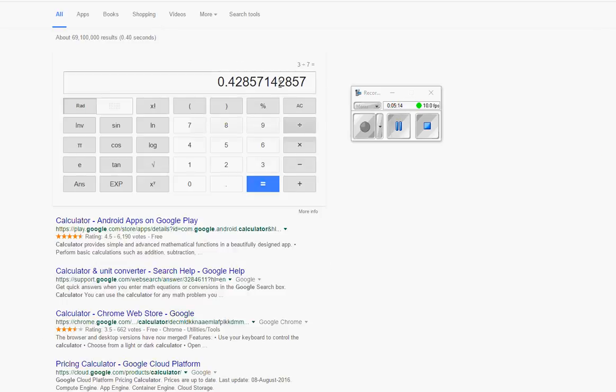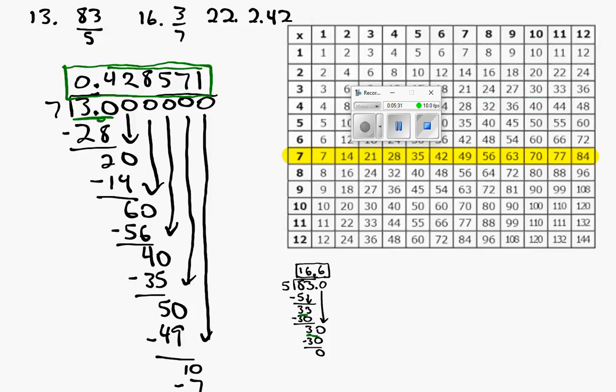Okay. If we take any other sevenths, like if we just say 1/7, we get 142,857. Okay. So let's copy this over here somewhere. So I'm going to actually delete all this hard work we just did.